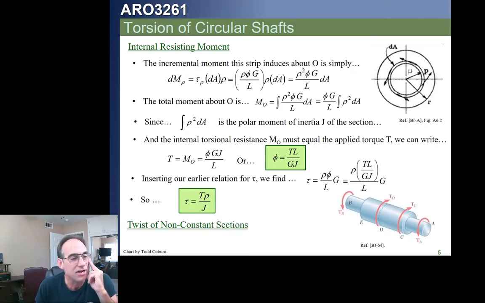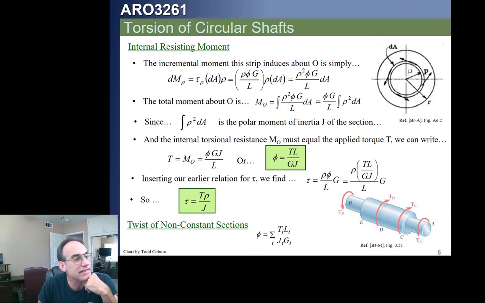Now, if we have a non-constant section, these two are assuming that the section was constant from end to end. And regardless, we can take the TR over J and calculate the shear stress at any point along this thing. But if we have a section that changes, as this one shown in the lower right, to calculate the angle of twist of the whole thing, we would have to find out, first of all, how much does this first little piece twist.